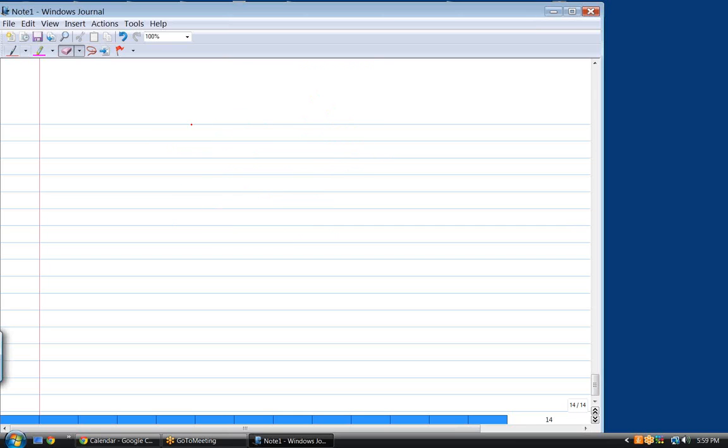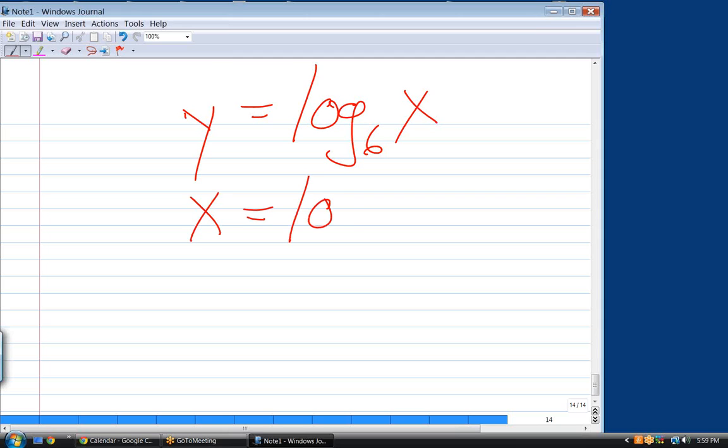Well, when you're talking logs, in other words, if I say y equal log base 6 of x, tell me what the inverse is. What's the first step of finding the inverse? You have to switch the variables. And now solve for y. How do I solve that for y?